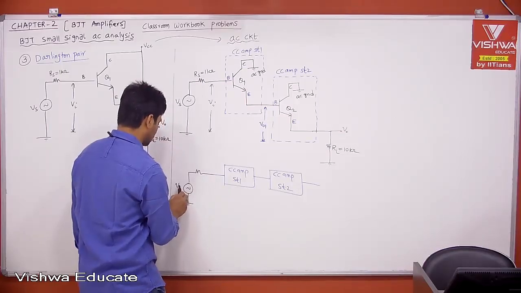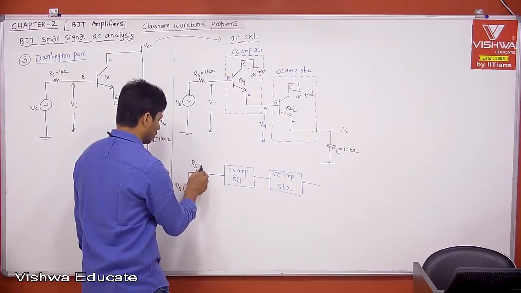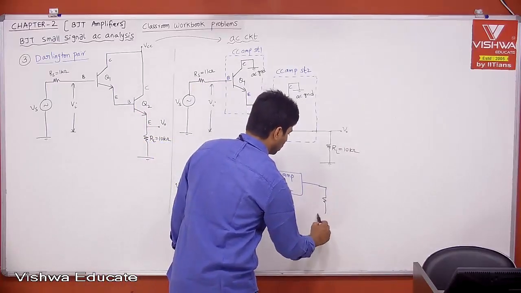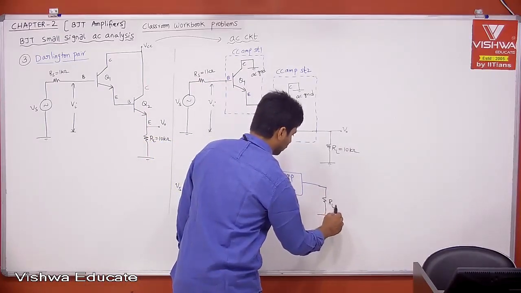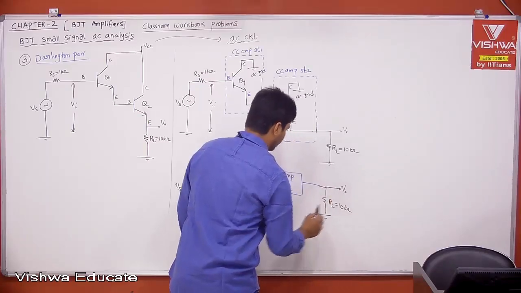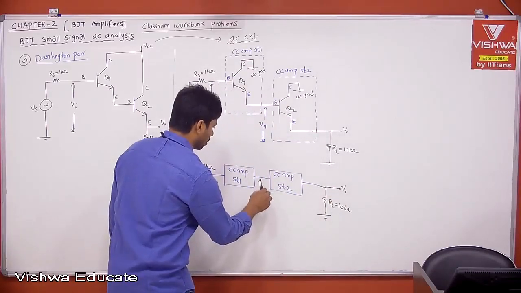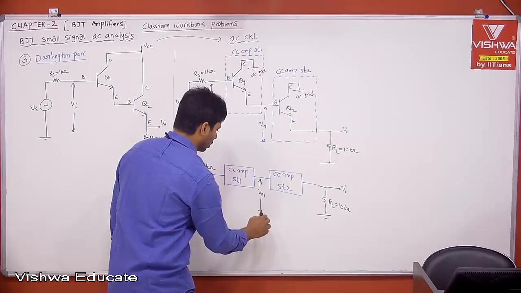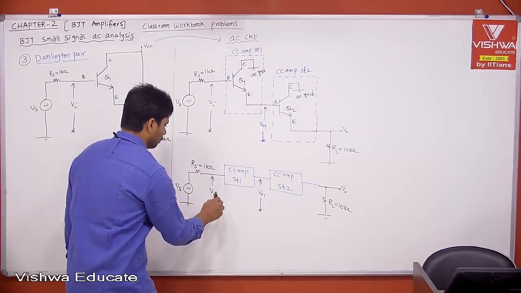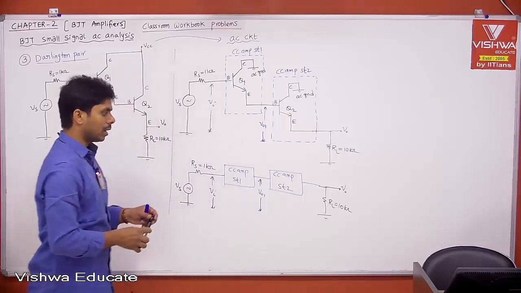This is Vs and this is Rs, which is 1 kilo ohm, and this is now connected to load. This is our RL, which is 10 kilo ohm. Therefore, now this is your V0, and this is internally called V01, and this is Vi.